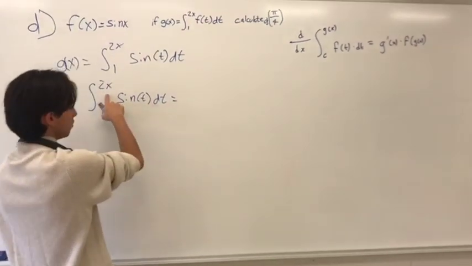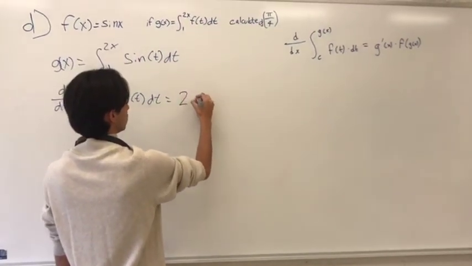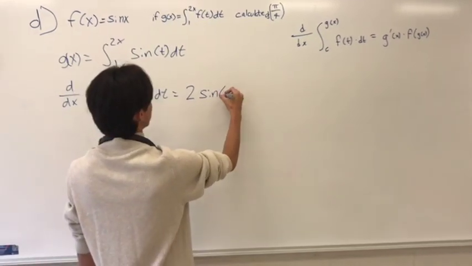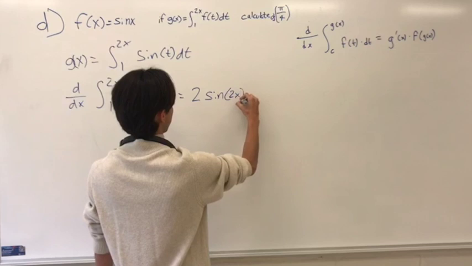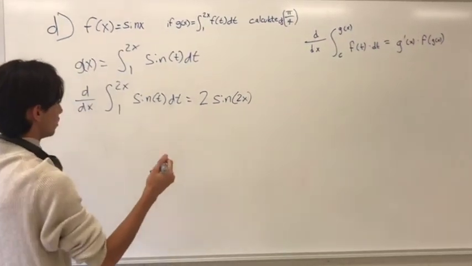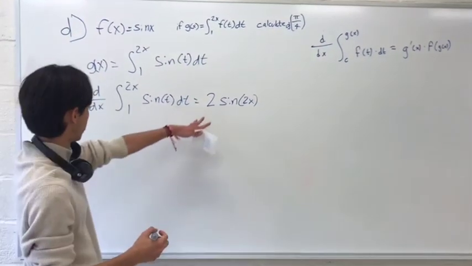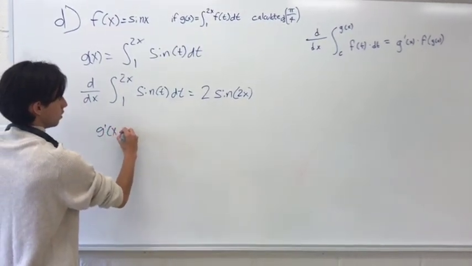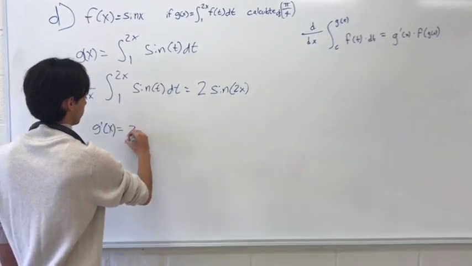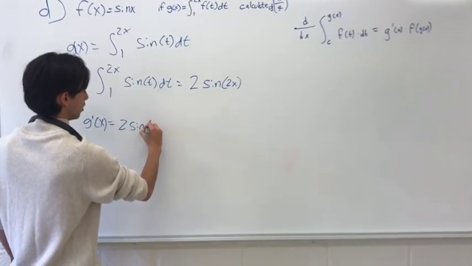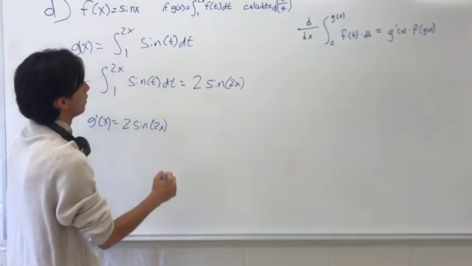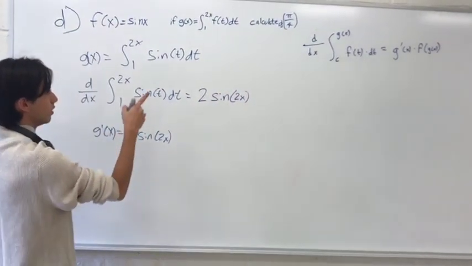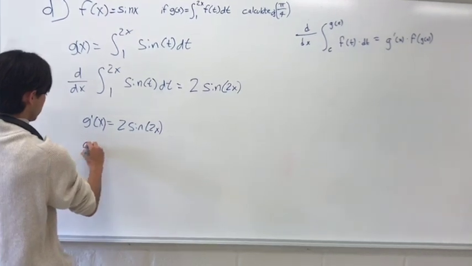So we derive 2x and we get 2 sine of f of g of x equal 2x. After this, we have to solve. Okay, so now that we have this is our g prime. And the problem is asking us to calculate g prime of pi over 4. So we do this.